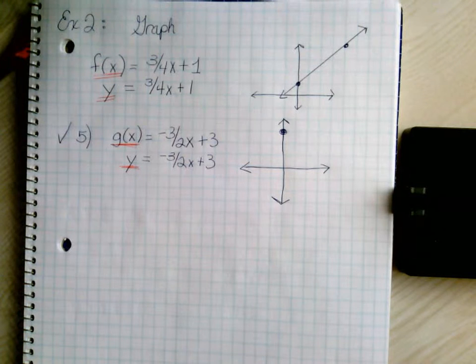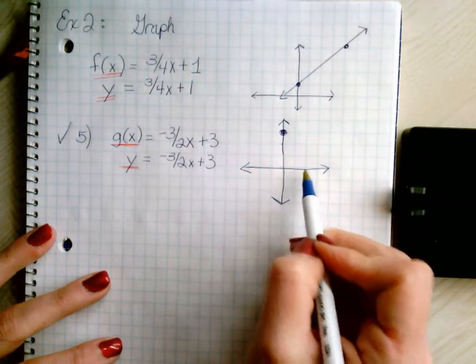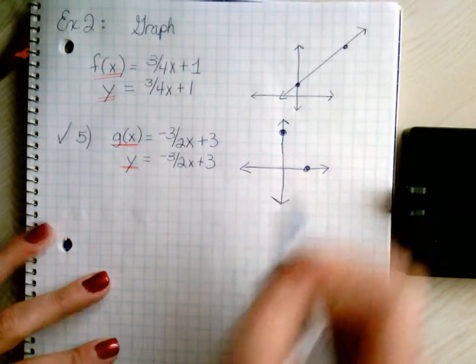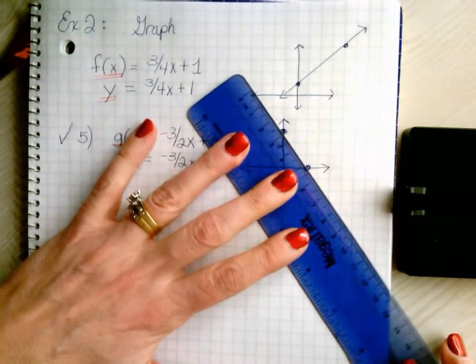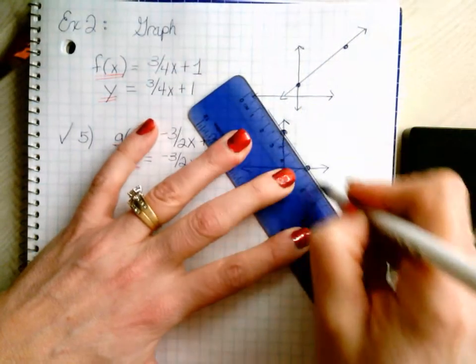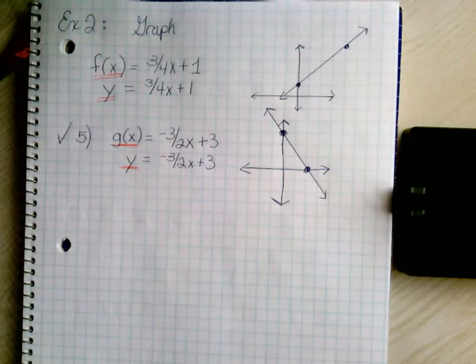Up or down for the slope? Down 3, boom, boom, boom. Right, 1, 2. Remember, positive slopes go uphill from left to right. Negative slopes go downhill from left to right. That's a really quick way to always check to see if your graph is at least heading in the right direction. That's checkpoint 5.